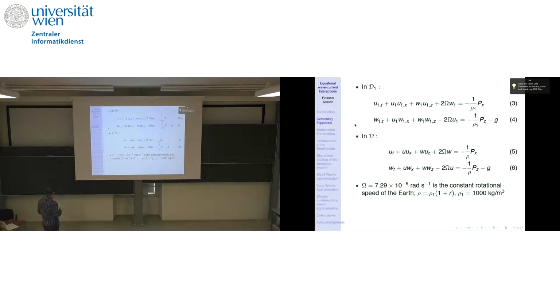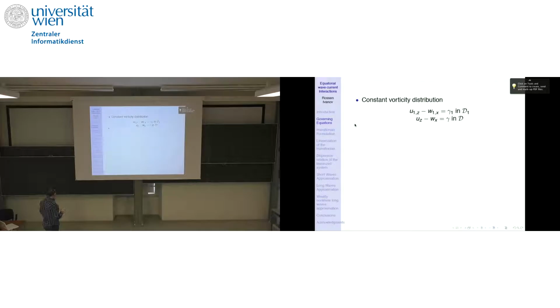For example, ρ1 here is the density of the fresh water, which is lighter than the salty water below the thermocline, which is explained with this parameter r. This is ρ1 times 1 plus r, where r is the factor that's... And of course, we have mass conservation in these 2 fluid domains.